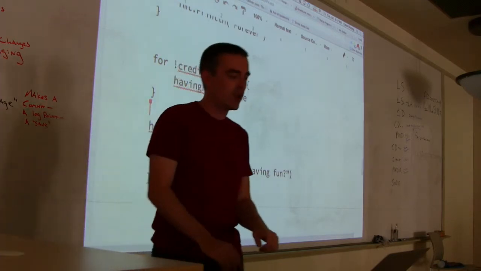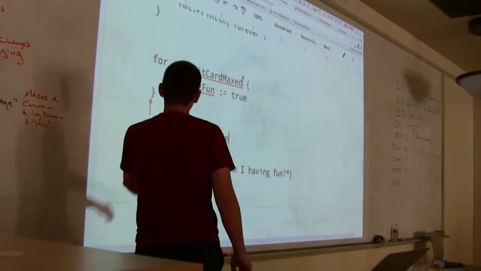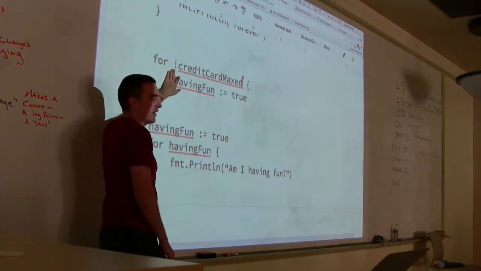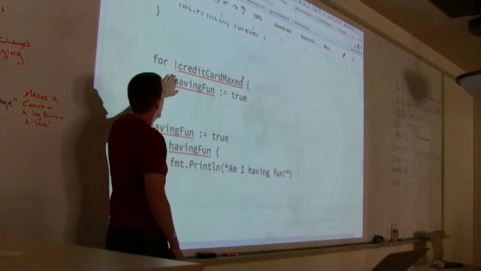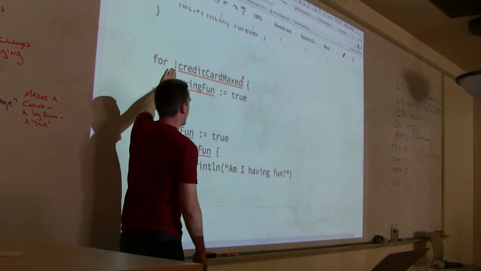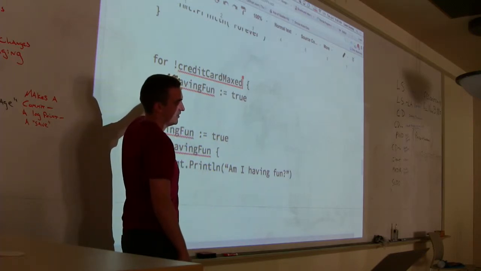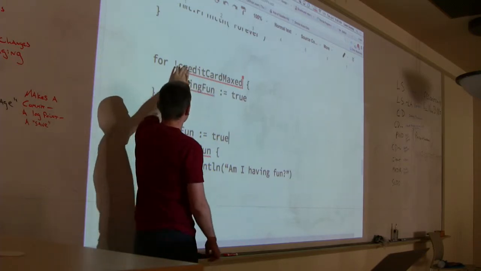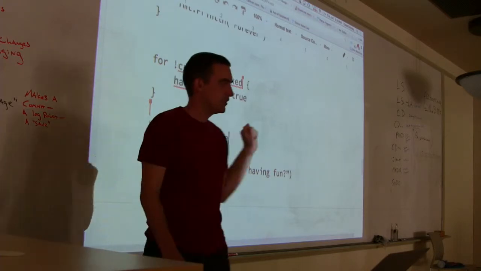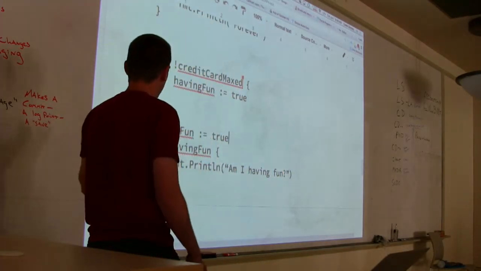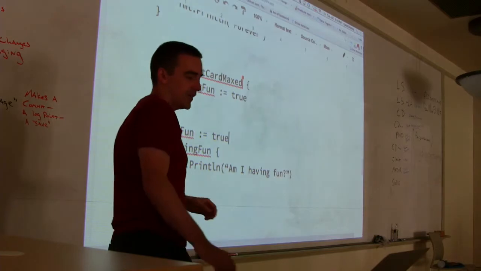If you want to say is it false, you use this, and that's the not operator. So if the credit card is not maxed, that's the idea. So instead of saying equal false, you use not. And the corollary to the equal is the not equal. I'm not sure we saw that.